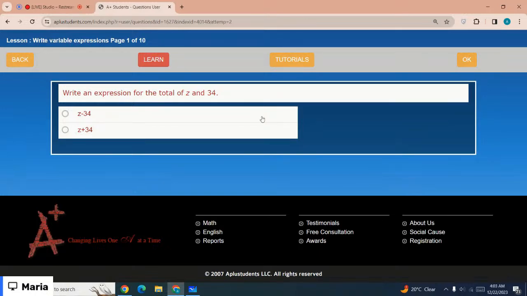Just understand from the words which operation it is. The correct option is option number 2, that is z plus 34 is the correct option.